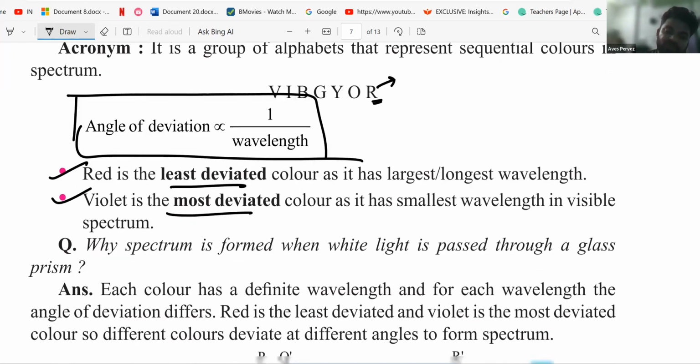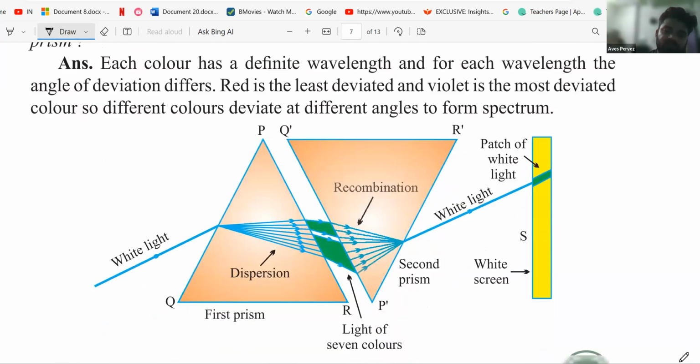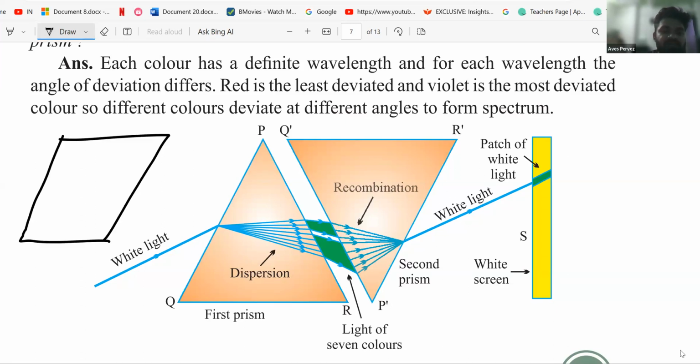Now moving to the next point. When we recombine these, when the 7 colors are recombined, it becomes like a glass slab when you join these two. Then every color will travel equal distance. For example, here red color was traveling less distance, but here it will travel more distance.